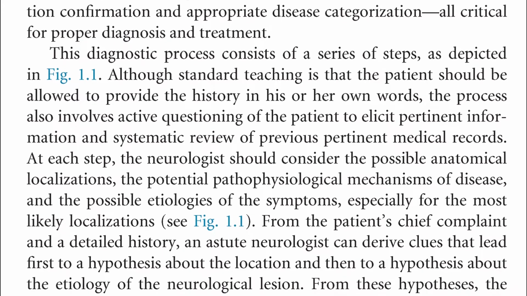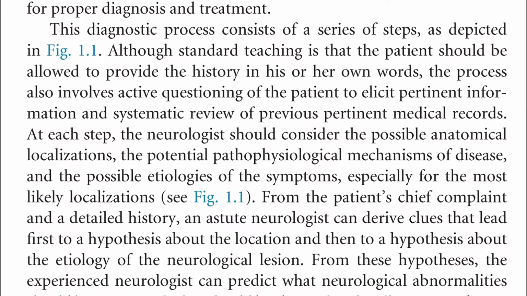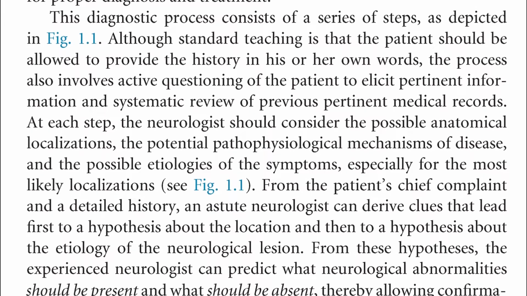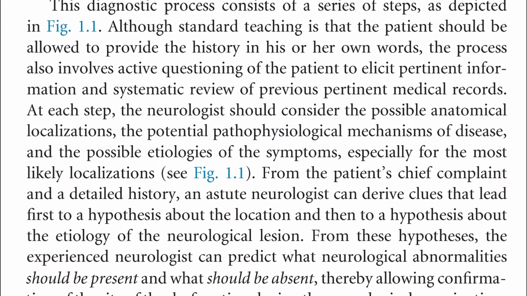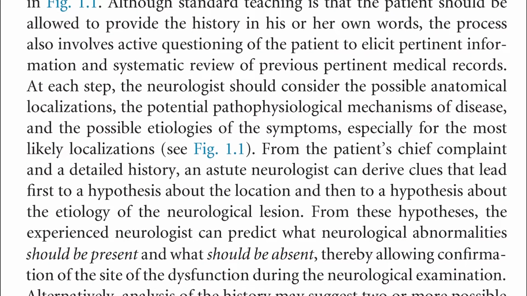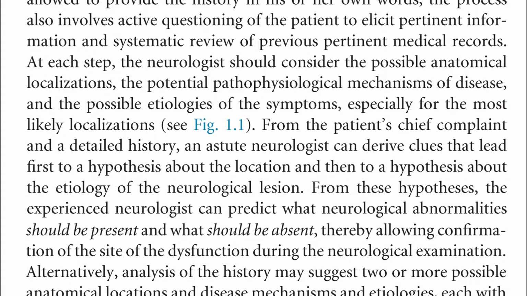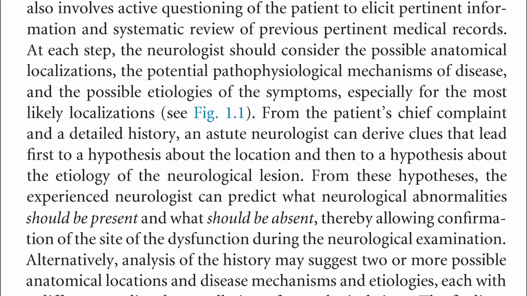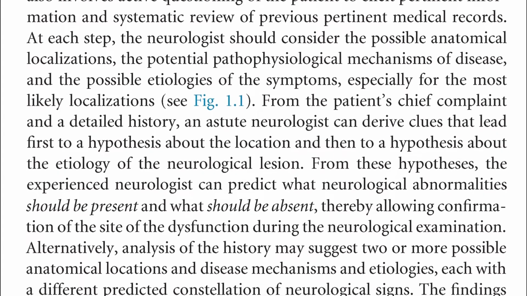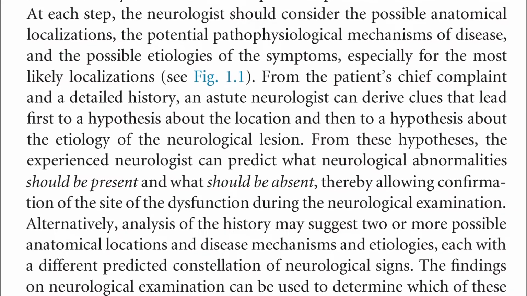At each step, the neurologist should consider the possible anatomical localizations, the potential pathophysiological mechanisms of disease, and the possible etiologies of the symptoms, especially for the most likely localizations, see Fig. 1.1. From the patient's chief complaint and a detailed history, an astute neurologist can derive clues that lead first to a hypothesis about the location and then to a hypothesis about the etiology of the neurological lesion.